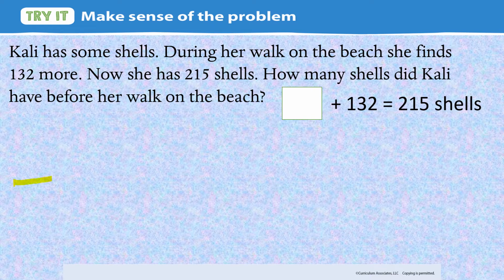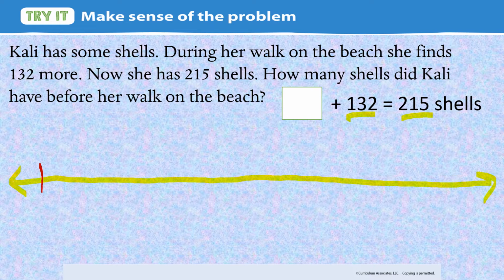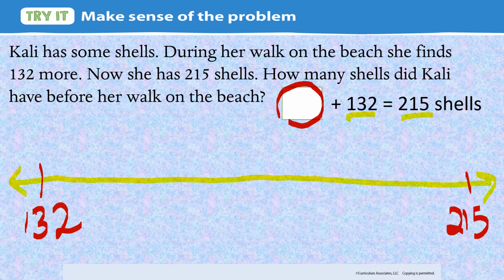So I'm going to draw my number line. And since I can see in my problem, I have 132 and I have 215 shells, I'm going to start at 132 and I'm going to count up to 215. And however that many that is, that will be my missing number that will go in here.